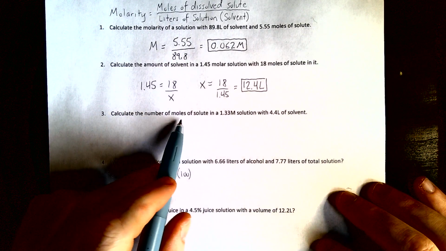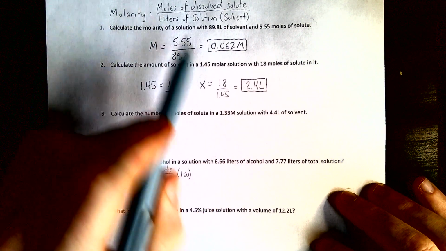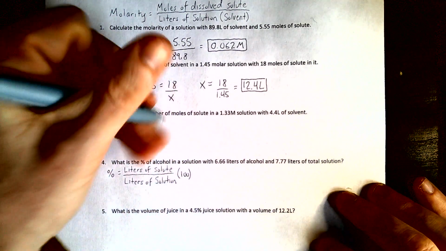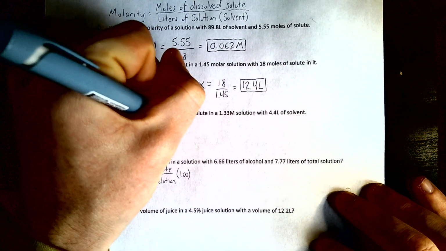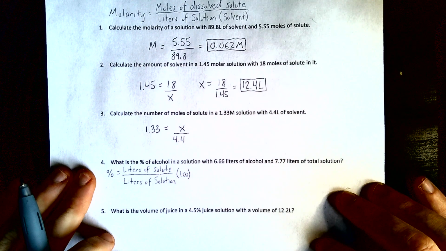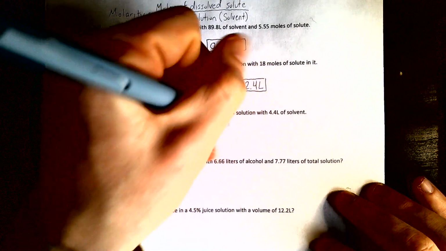Calculate the number of moles of solute in a 1.33 molar solution. So we want moles of solute, we have molarity, we have liters. To solve this problem, we're going to multiply by 4.4 on both sides.